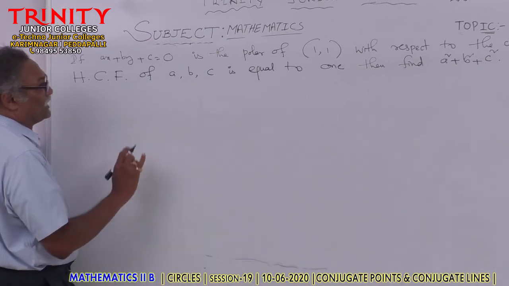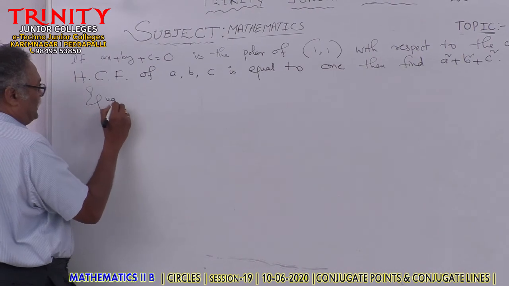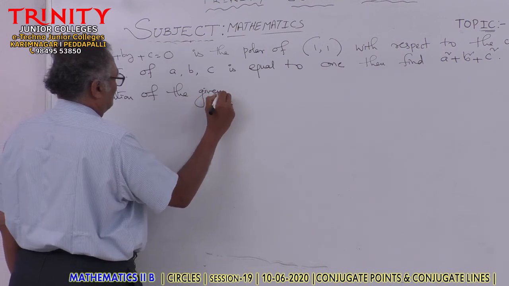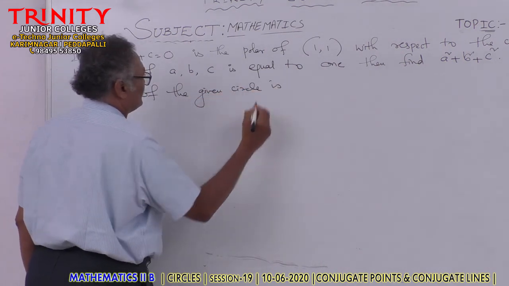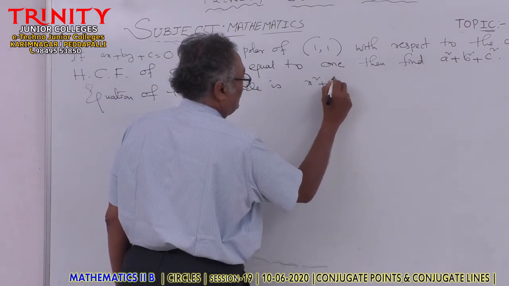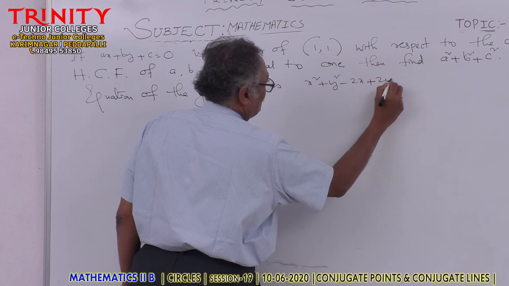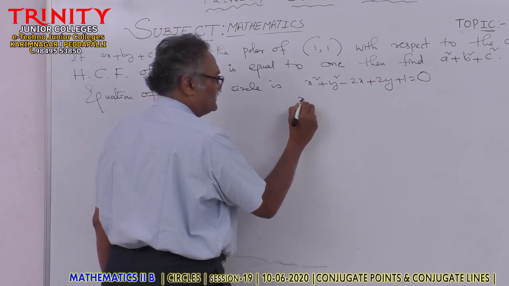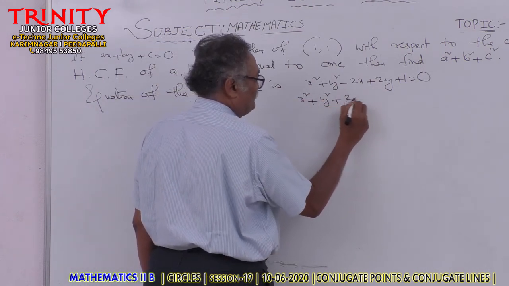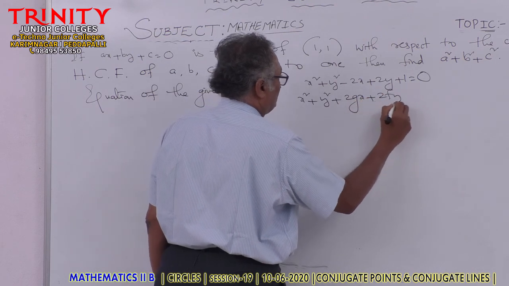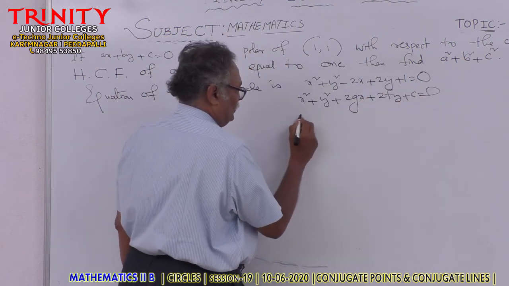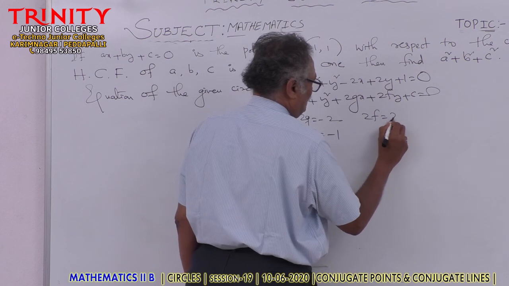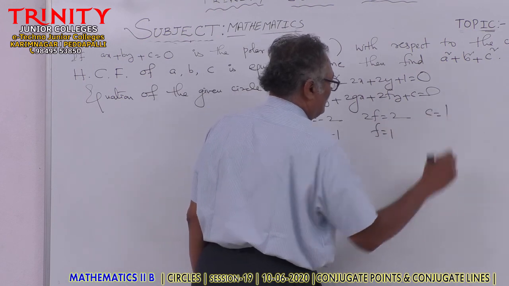Here, equation of the given circle is x square plus y square minus 2x plus 2y plus 1 equals to 0. Comparing this with x square plus y square plus 2gx plus 2fy plus c is equal to 0: 2g is equal to minus 2, g is equal to minus 1, 2f is equal to 2, f is equal to 1, c is equal to 1.